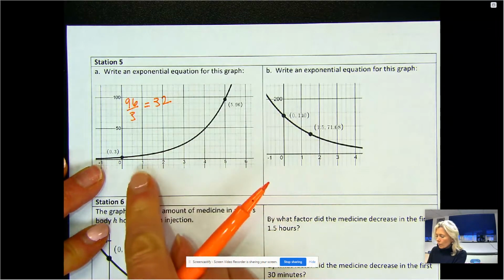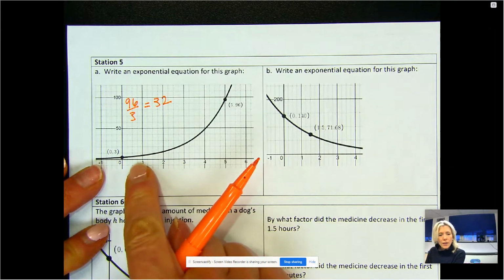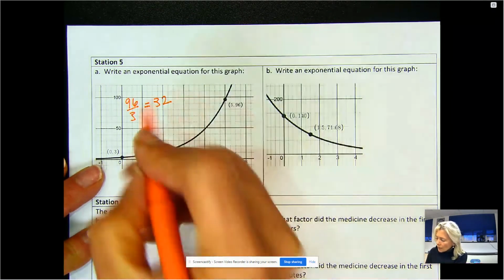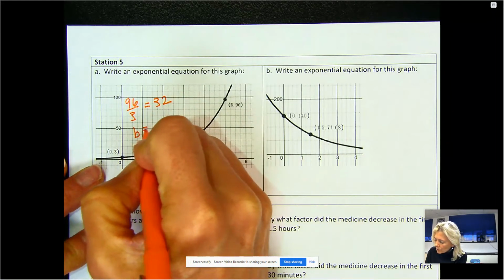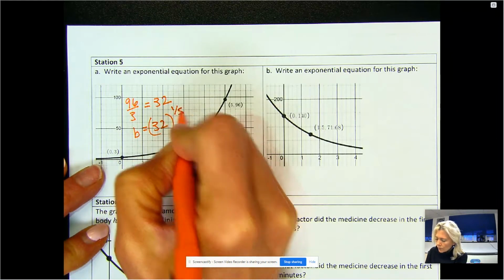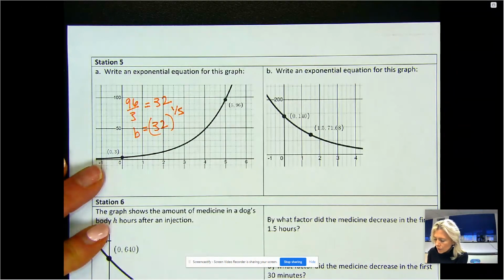An interval of 1 is 1/5 of this entire interval, right? So now I have to say, okay, B is equal to 32 to the 1/5. And 32 to the 1/5, I know it's 2.